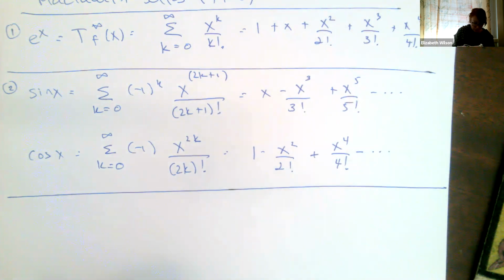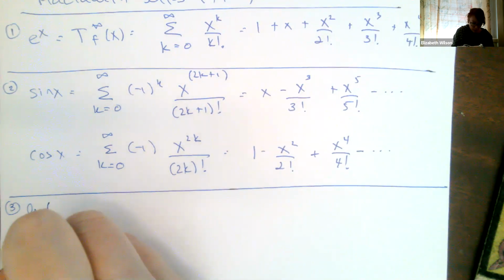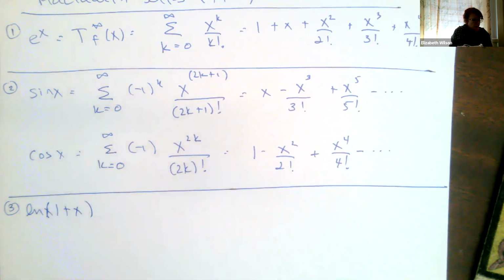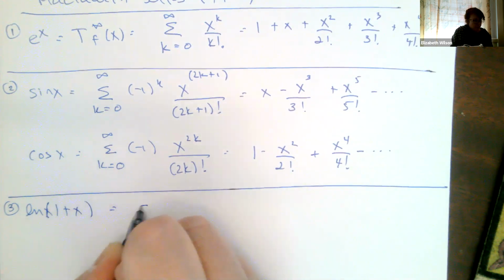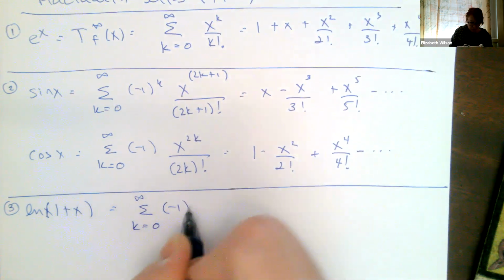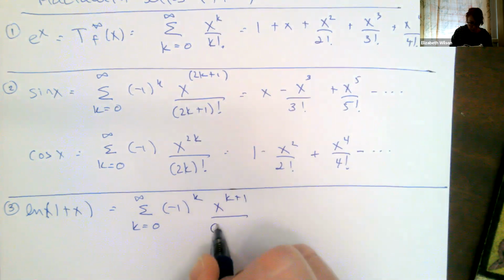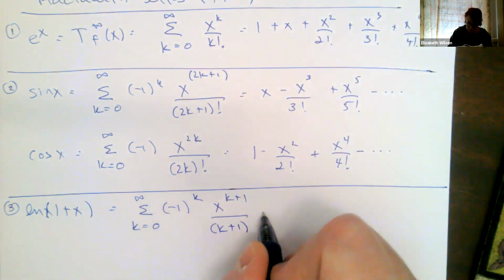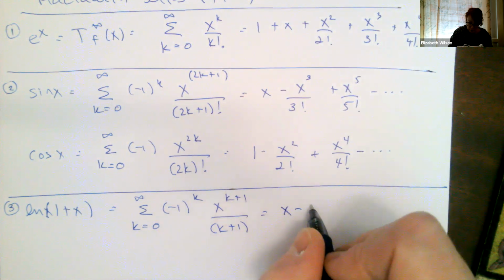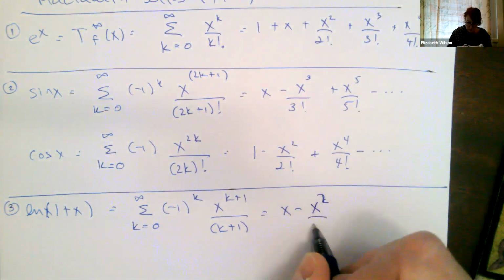ln of, oh, sorry, this is ln of 1 plus x. This is equal to, there's no factorial here. Oops. Sorry, x squared over 2.